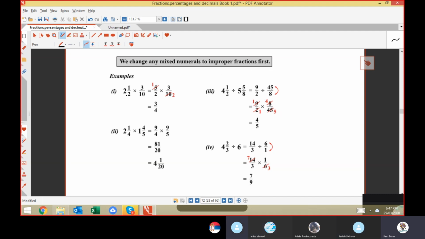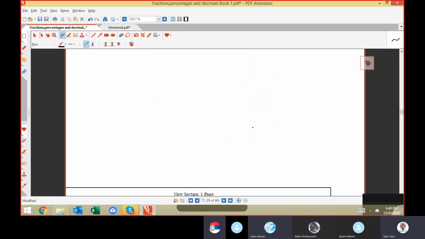Once you convert this mixed numeral to an improper fraction, what do we do with times? We just go straight across and simplify. Convert, straight across, simplify. Convert, multiply and flip the second, and then simplify. Okay.